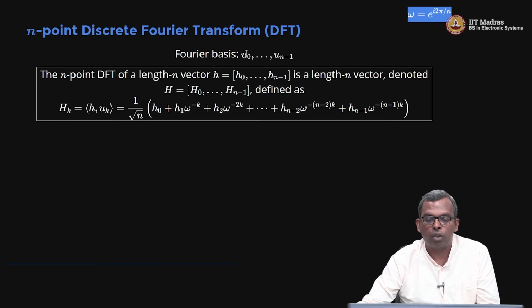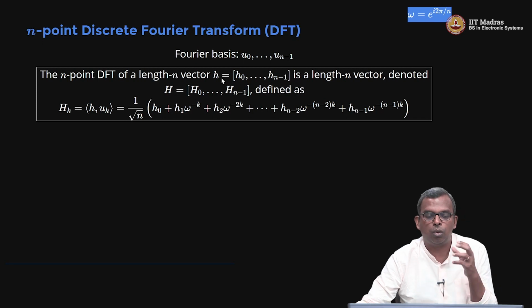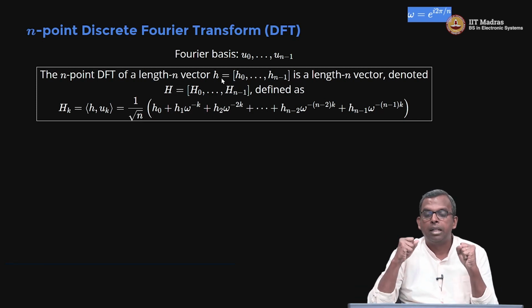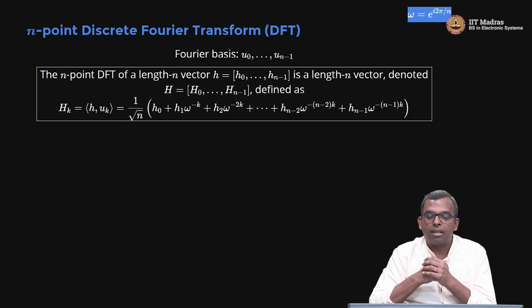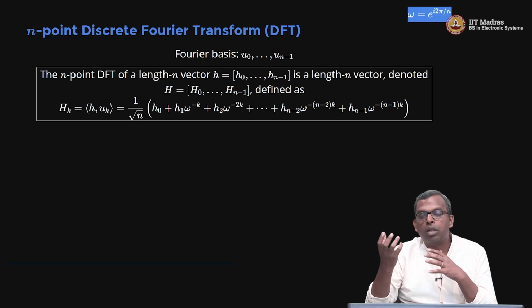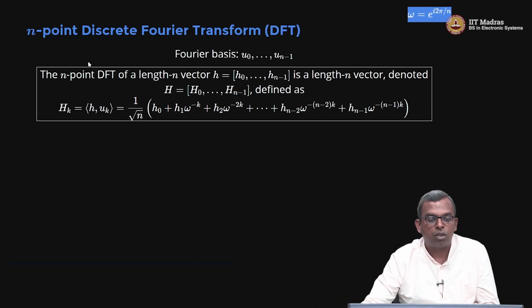The Fourier basis is u0 to un minus 1, the n-point DFT of a length n vector h. So what is the discrete Fourier transform? Its input is a length n vector small h, its output is also a length n vector. So this is the definition here.